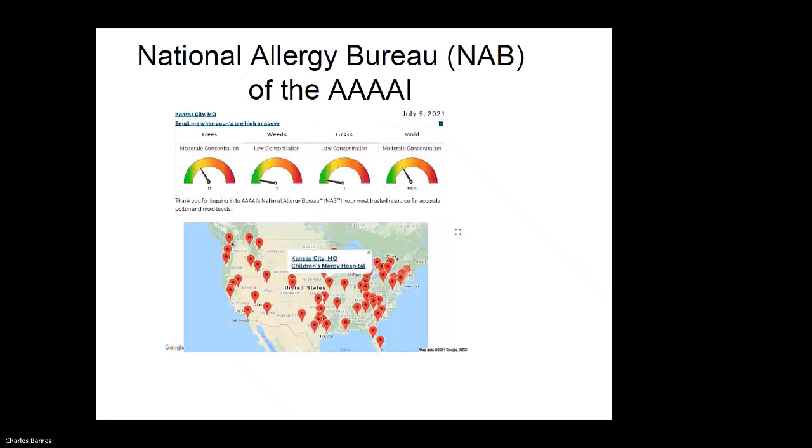The best numbers are actually actual counts coming from the American Academy of Allergy, Asthma, and Immunology through their National Allergy Bureau. They are real sticklers for how you do this. You have to have a person at the site who is certified to look through a microscope and produce a pollen count.